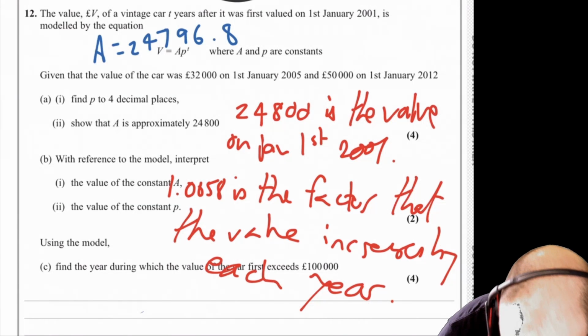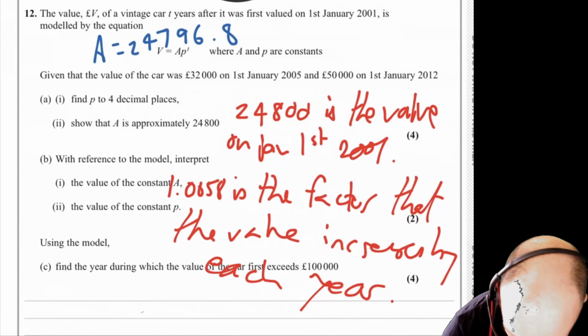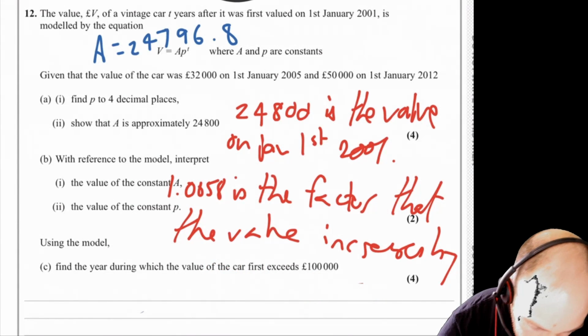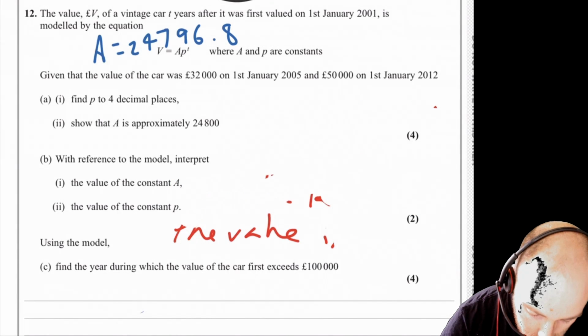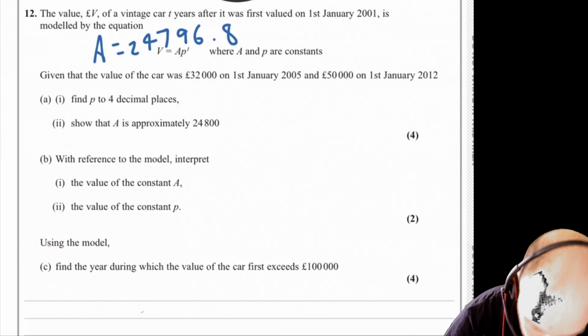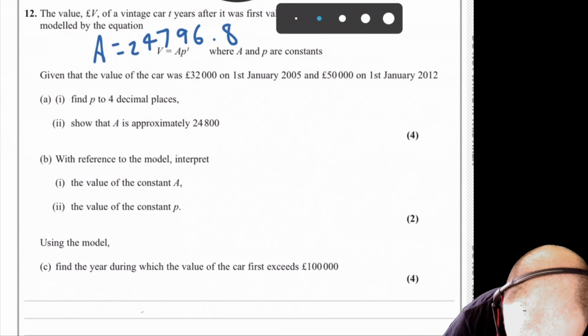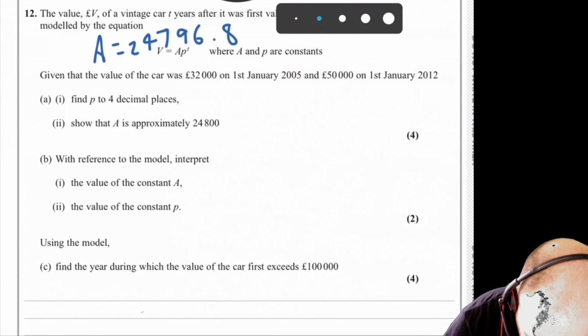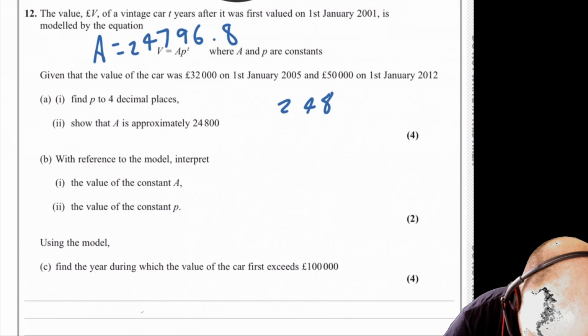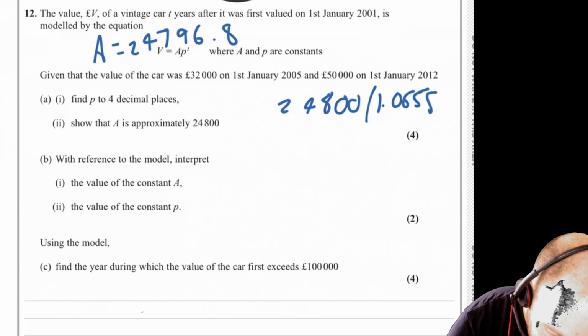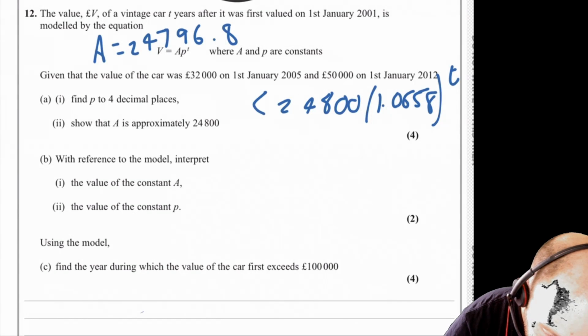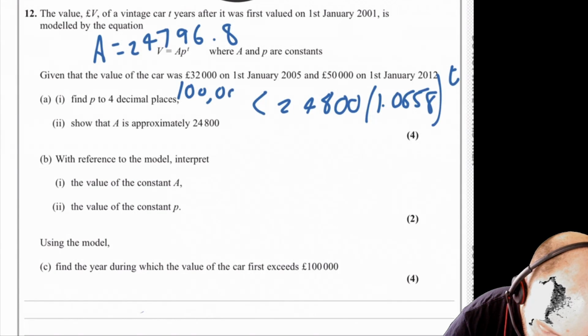But yeah. Okay, last bit, using the model, find the year where it first exceeds 100,000. So we need our value equation to be greater than 100,000. So we're on 24,800 times 1.0658 to the power t to be greater than 100 grand.